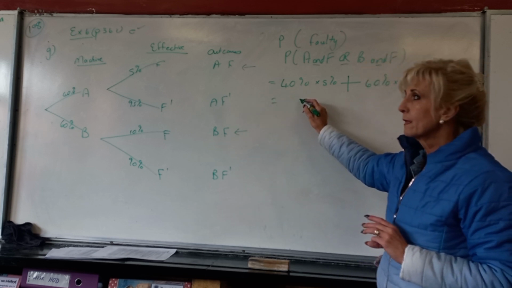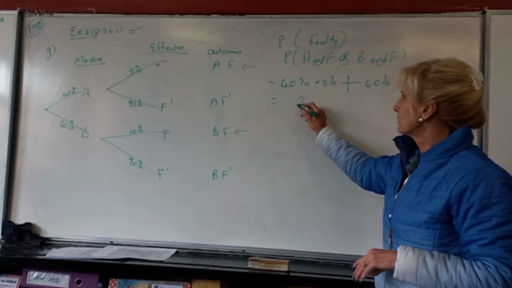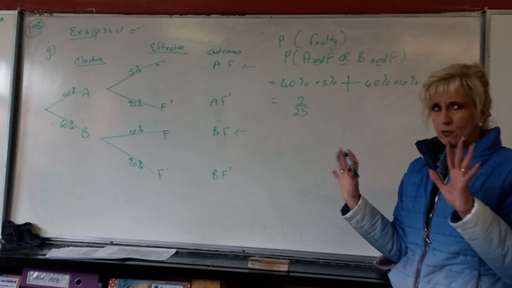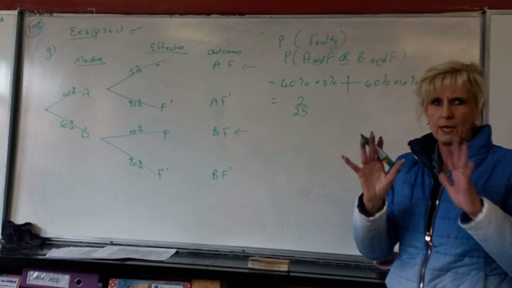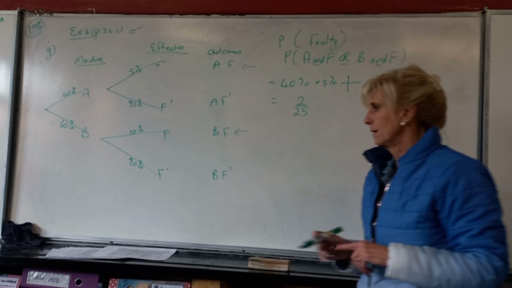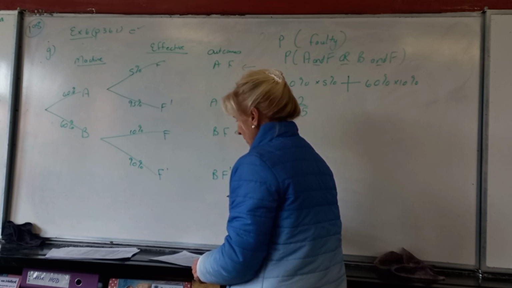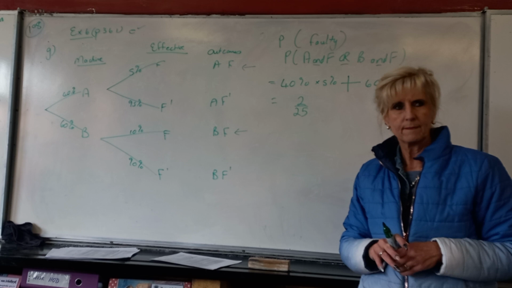Give me the fraction first, please. 2 over 25. Now that would be a perfect answer, because remember they said in the matric paper, any which way that you write it. But this question said, calculate for me the percentage. What percentage of calculators are faulty?